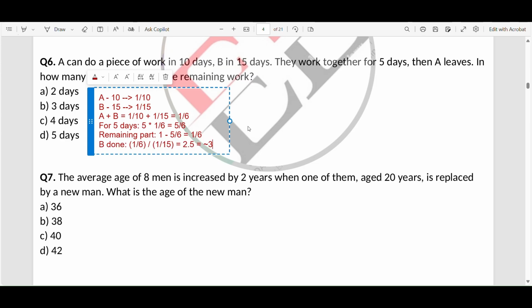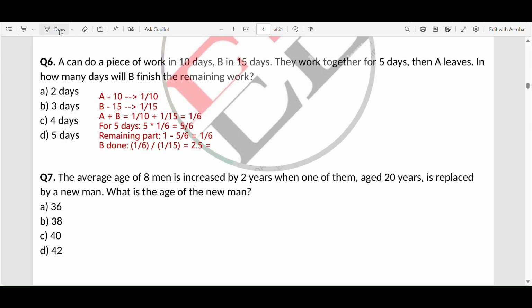So I'm going to explain again. Taking this, here the rough explanation will be done. See, consider in our younger days, we have done this. In one day, B will be doing 1 by 15th part of work.